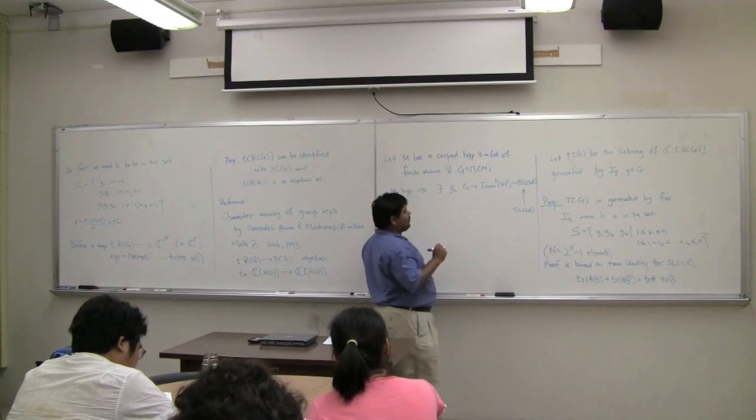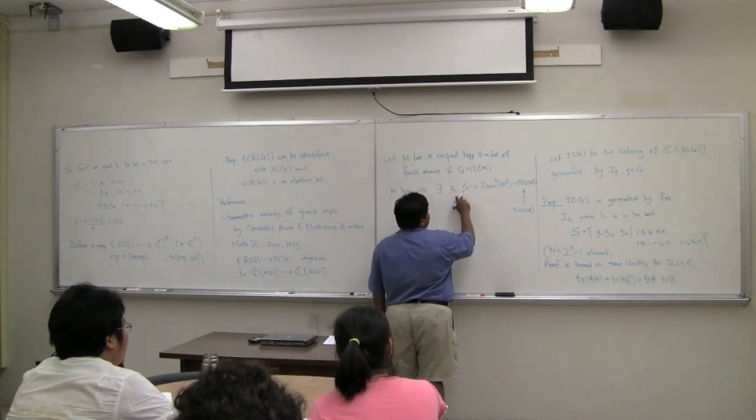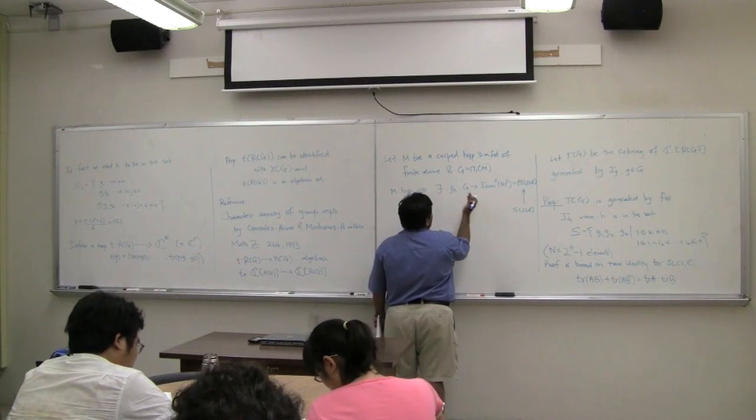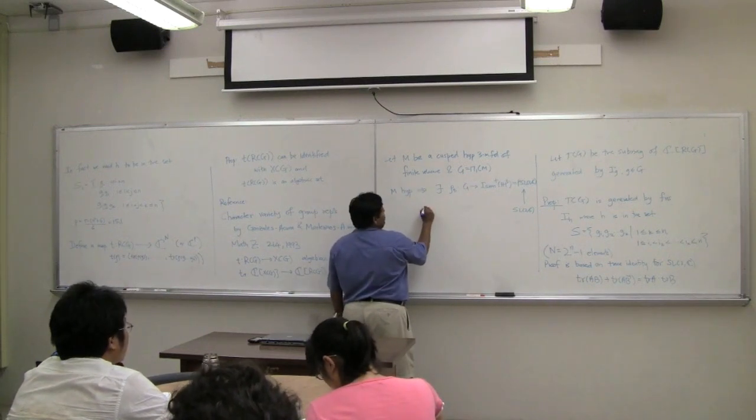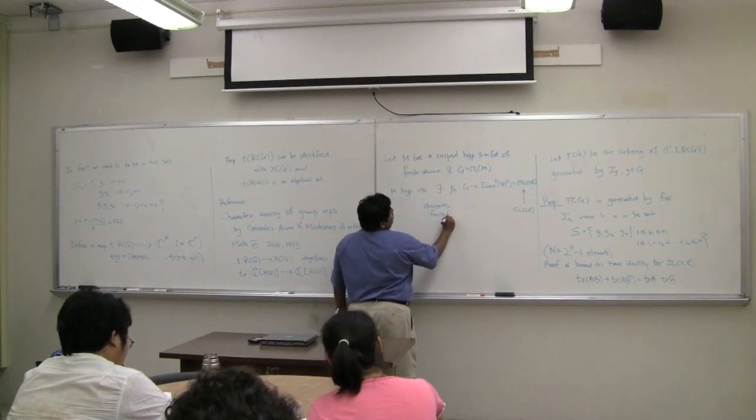PSL2C is just SL2C modulo plus or minus identity, and the two most important items are that this is a discrete and faithful representation.